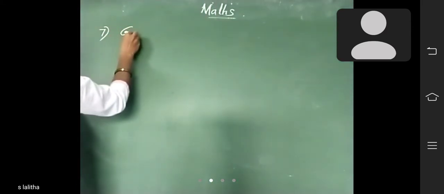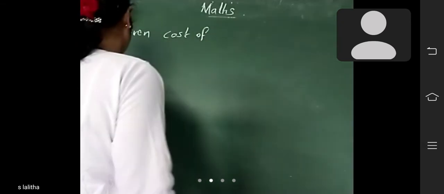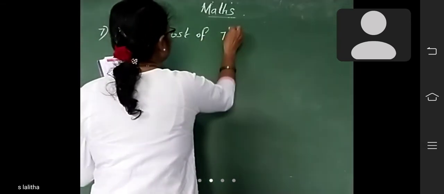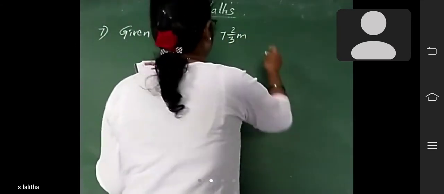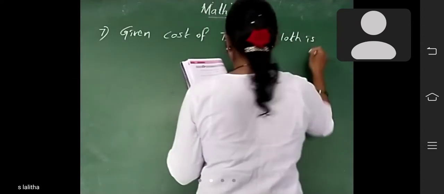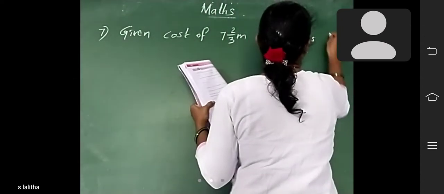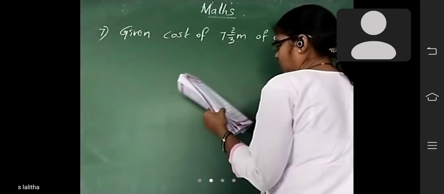So what is given here? Given: cost of 7 2/3 meters of cloth is rupees 12 3/4.